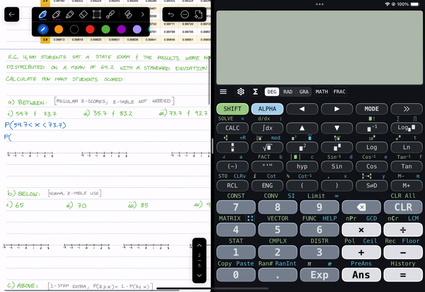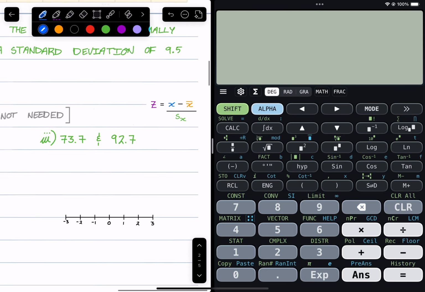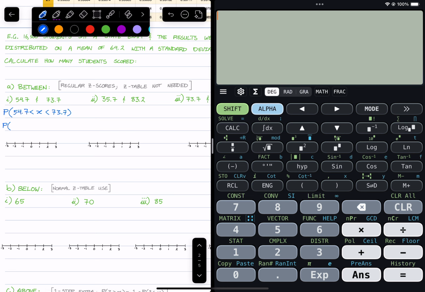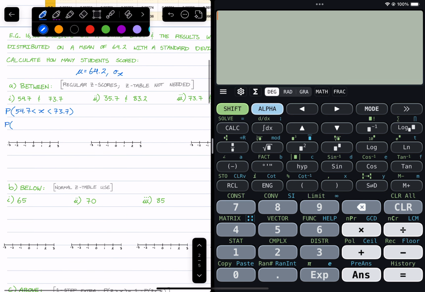So take a look. Using our Z-score formula, we have a mean. The mean is 64.2, and the standard deviation was 9.5.